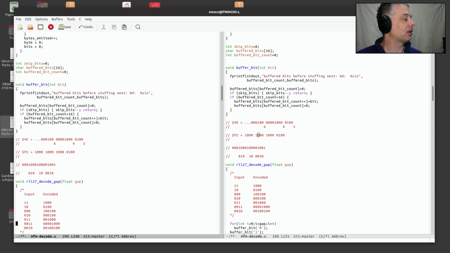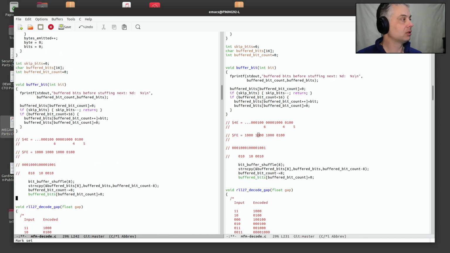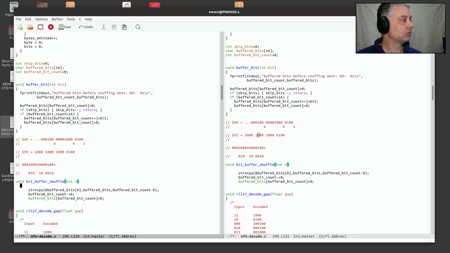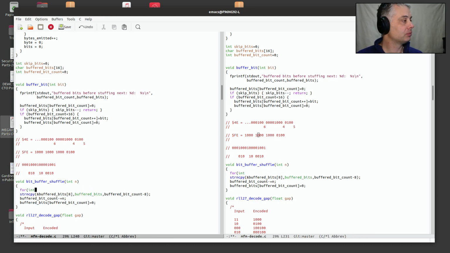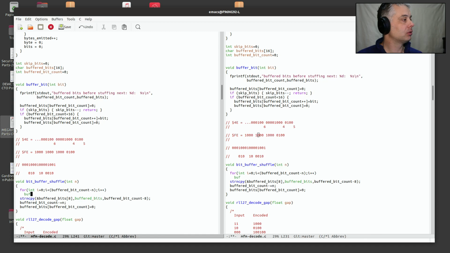So now we make that shuffle routine. So we'll do a safe shuffle down here.